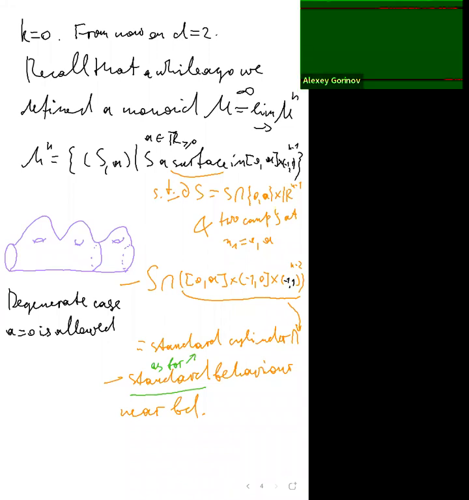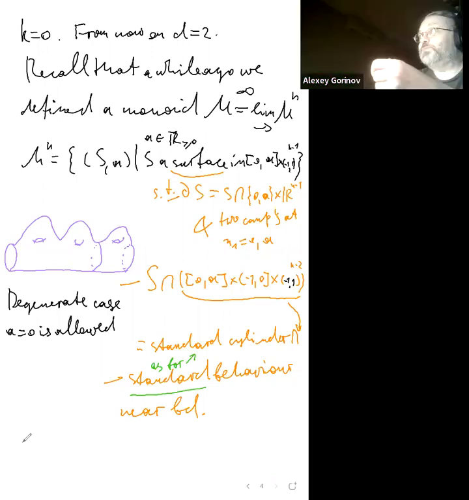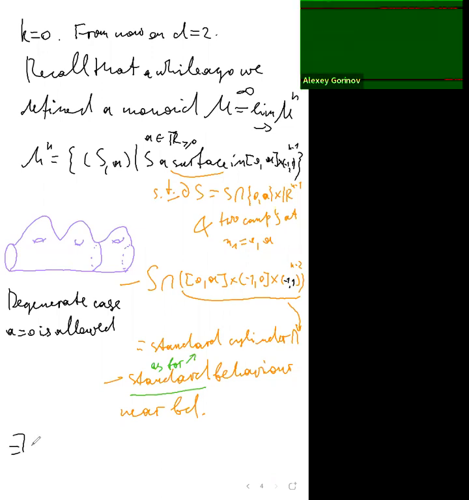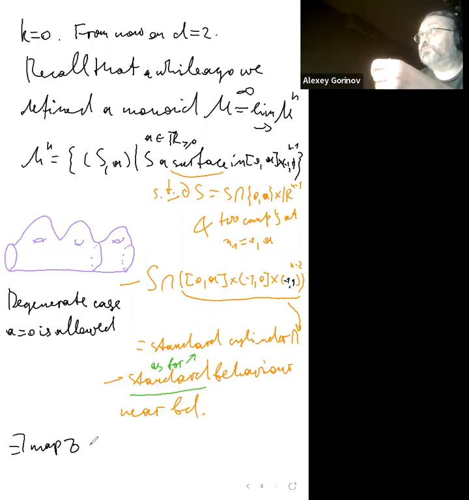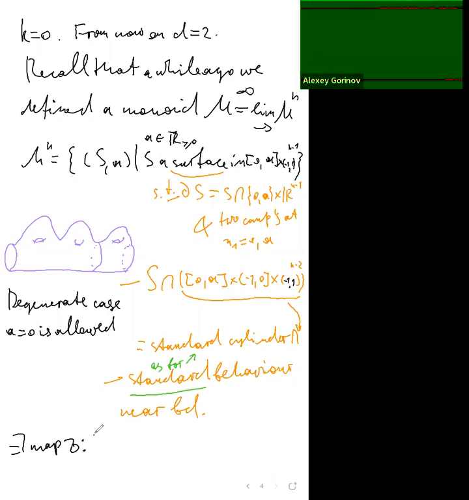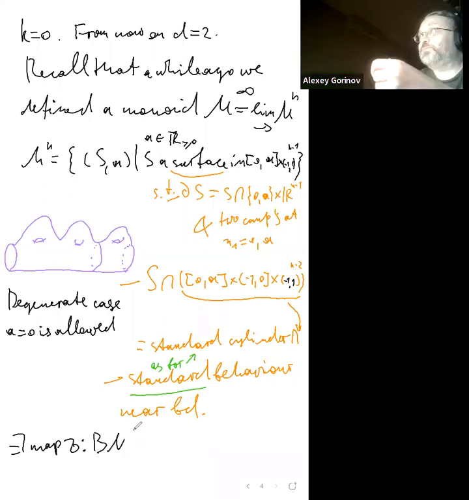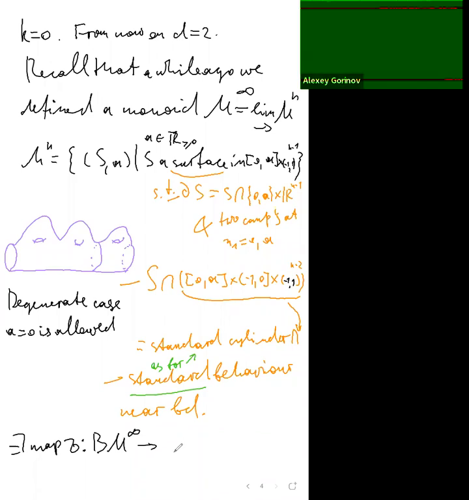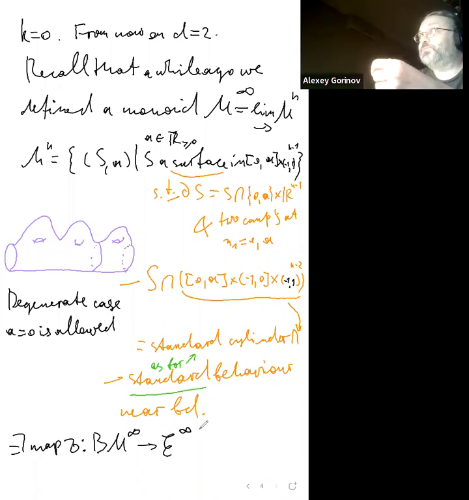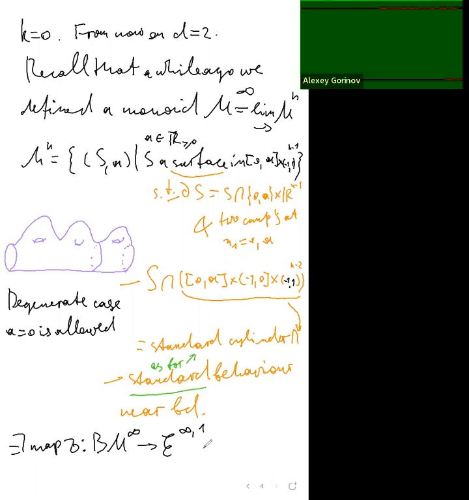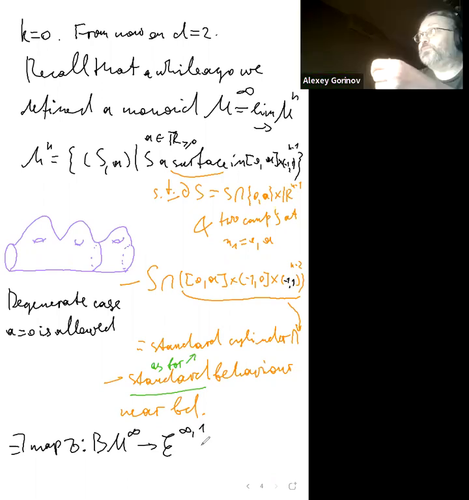Now, what do we want to prove about this monoid? Well, first of all, there is a map sigma from DM to C infinity 1, which is constructed just as the map sigma from the previous proof.